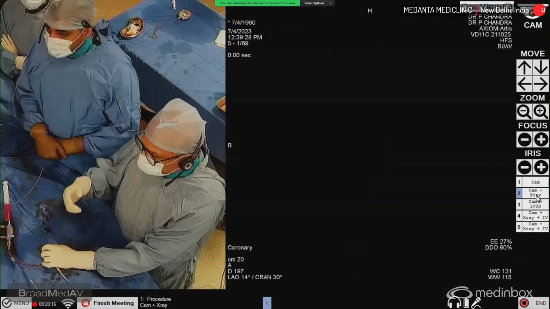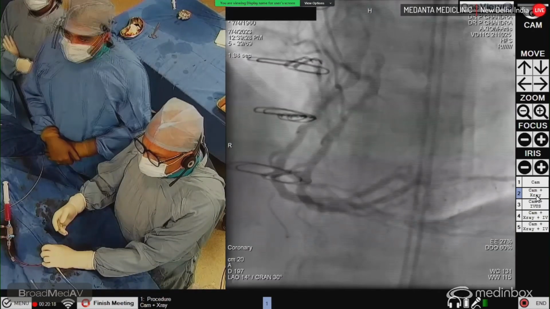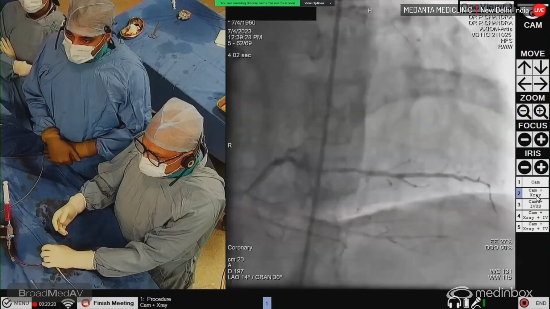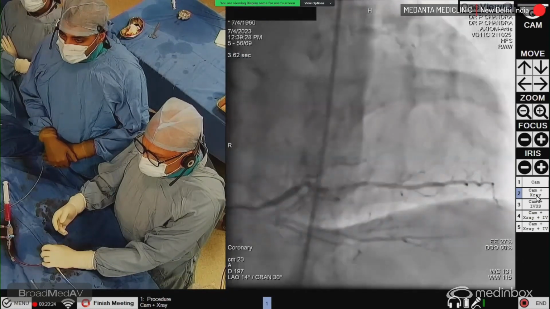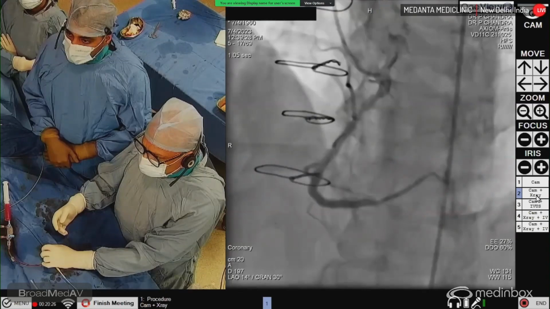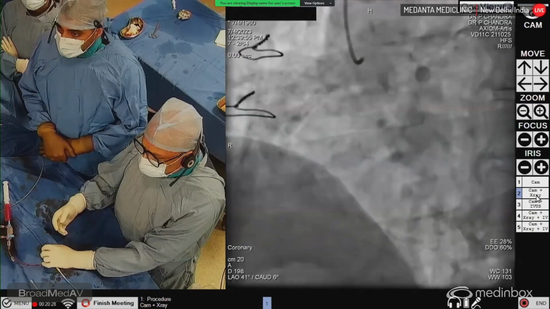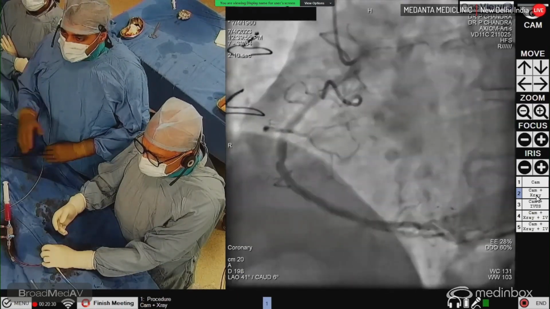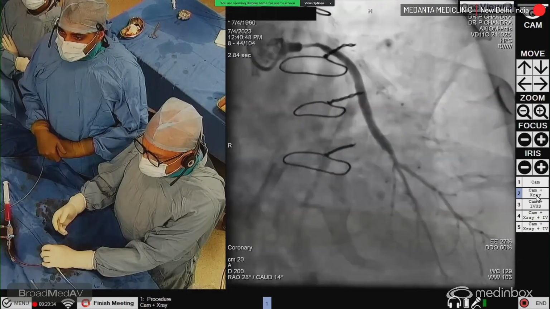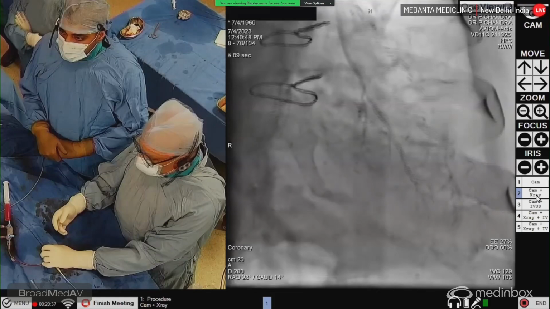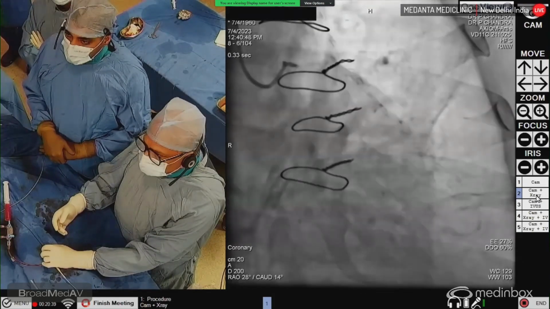Next. The right coronary artery has a patent stent in the proximal RCA, and distal has some diffuse disease, but it is to be kept on medical management. Next. This is the graft angiogram. It shows proximal almost 95% occlusion, which caused the ACS yesterday.